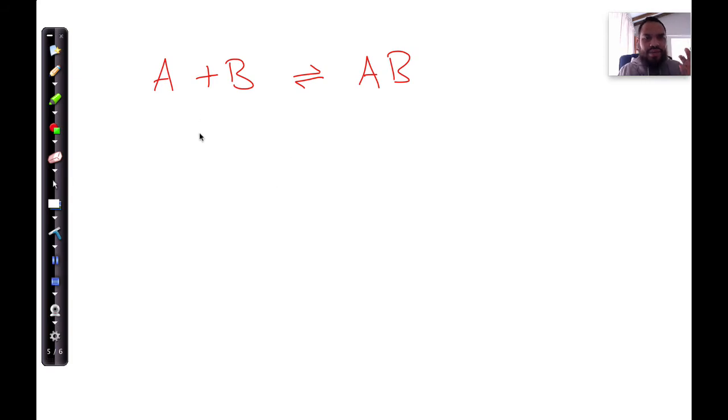Now, what is a rate? A rate is how quickly the products are made or how quickly the reactants are used up. So if I say the rate of the forward reaction, that's really how quickly we make AB.